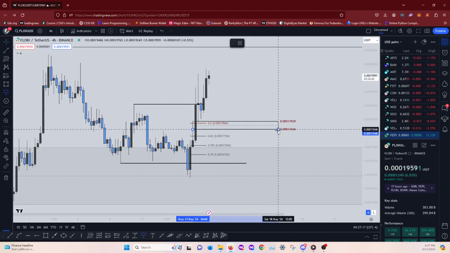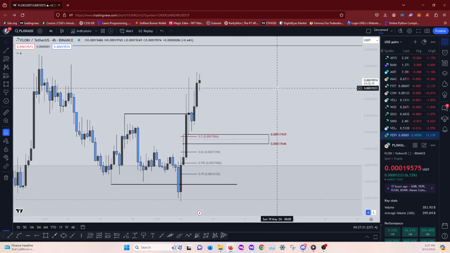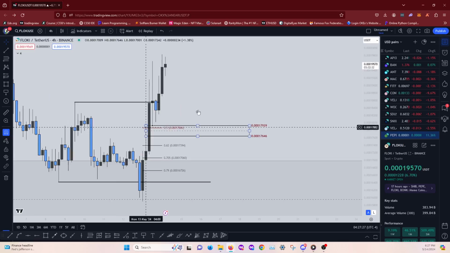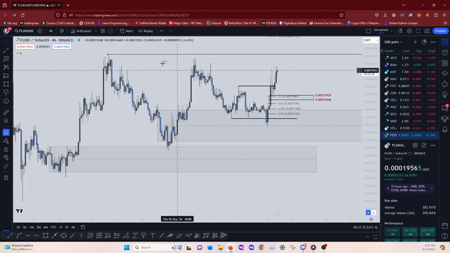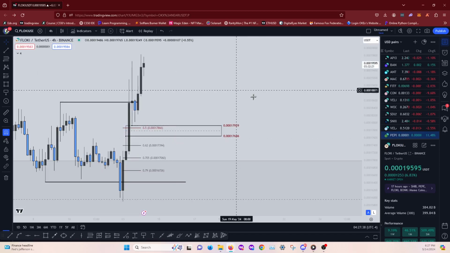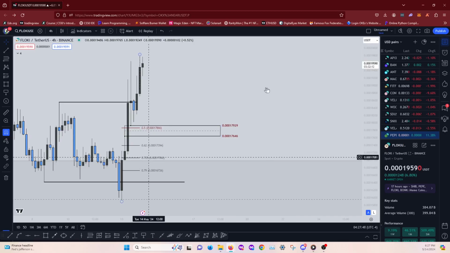I don't know why we call it turtle soup. It's the dumbest name of all time, but that's what it's called. So this is telling us that we've got a willingness to go higher, and liquidity should be drawing to the equal highs next. I'd be using this fair value gap as an initial entry, 0.00017929, and then your layered entries are at that optimal trade entry range.